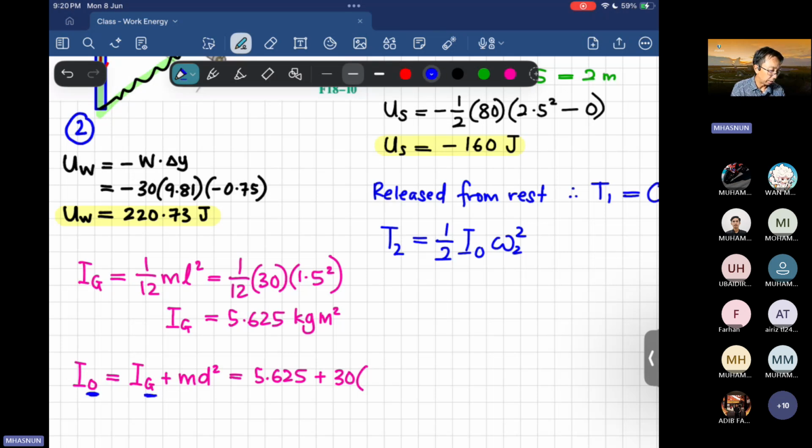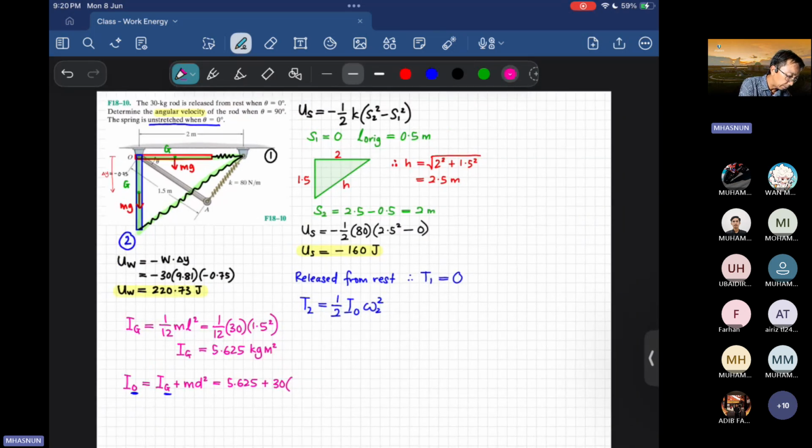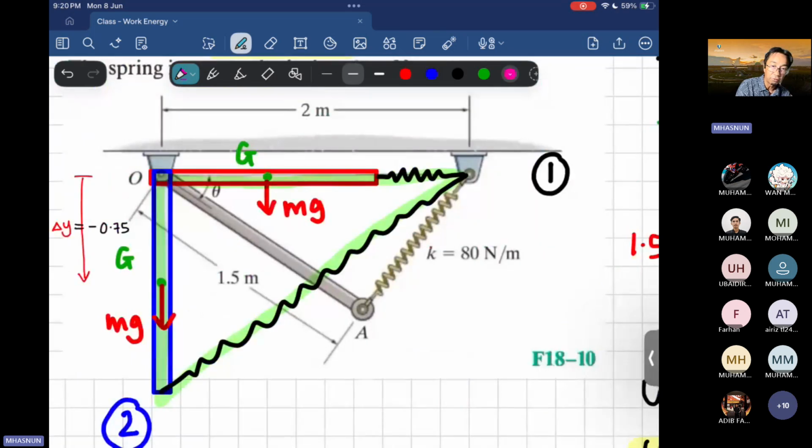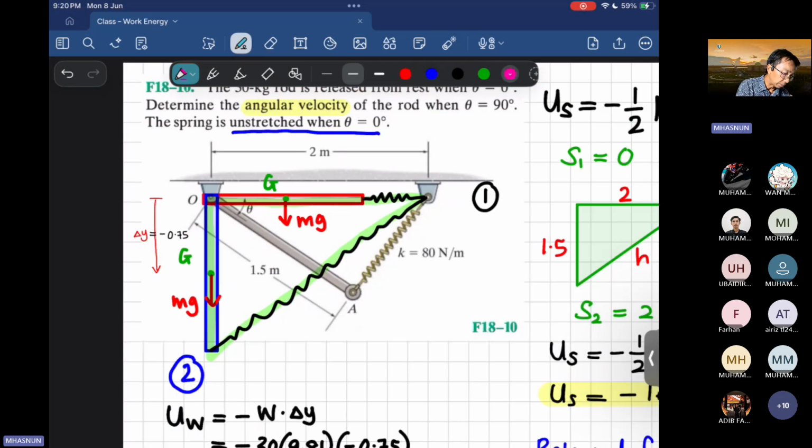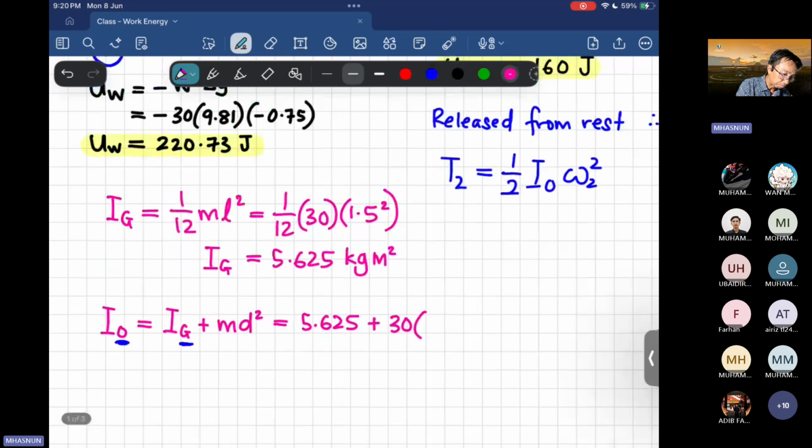Okay, we have here I_O is equal to I_G plus m d square. So d means the distance between O and G. The distance between O and G is basically half of the length of the rod, so 0.75.